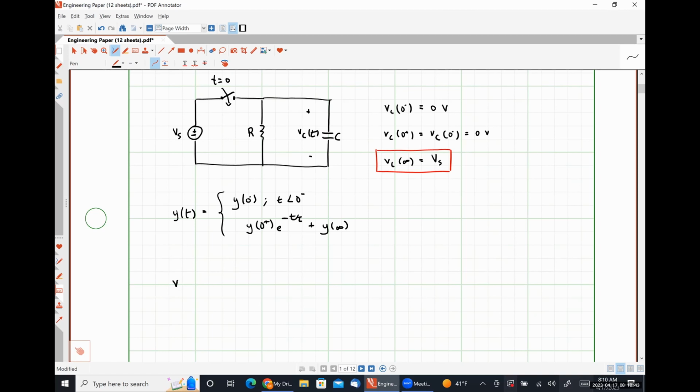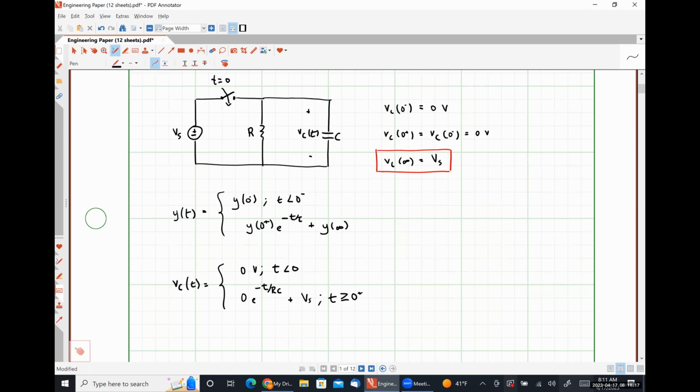Okay. So for the capacitor in the circuit that we have described above, this is going to look like 0 volts for t less than 0, and then 0 e to the minus t over RC plus Vs for t greater than or equal to 0 plus.